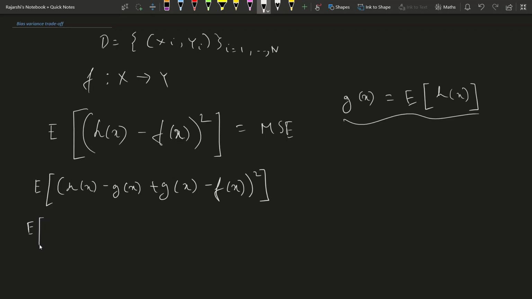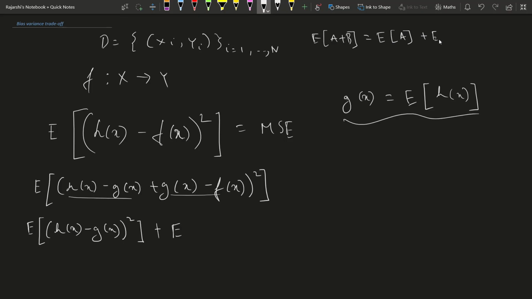This is my a, this is my b, a plus b whole square. So this will be h of x minus g of x whole squared, plus expectation of, let me just write this down, expectation of a plus b will be equal to the sum of individual expectations. So basically expectation of a plus expectation of b.